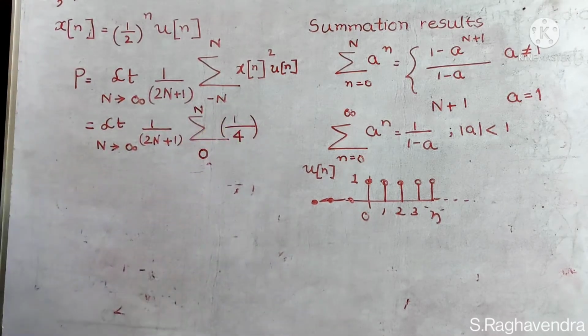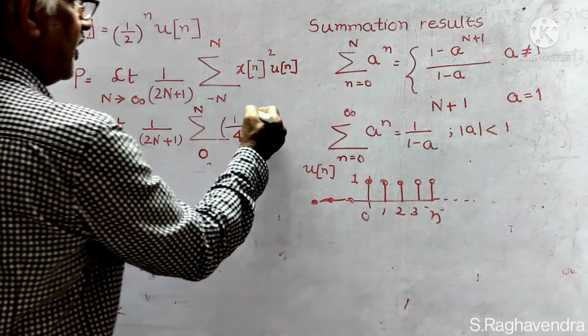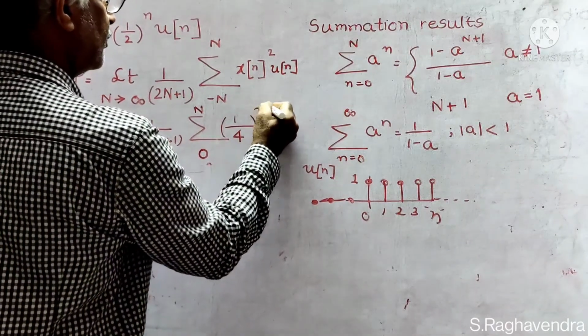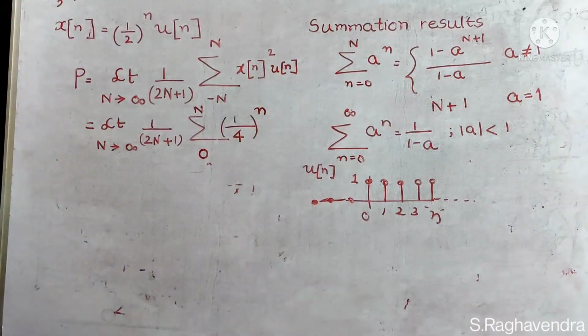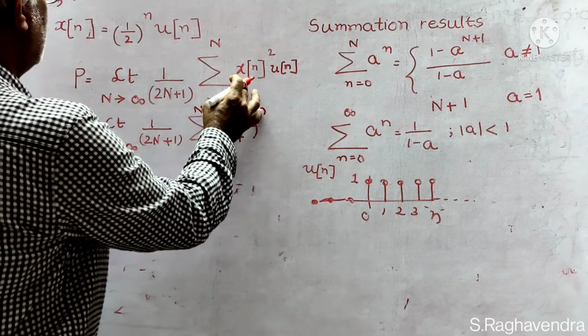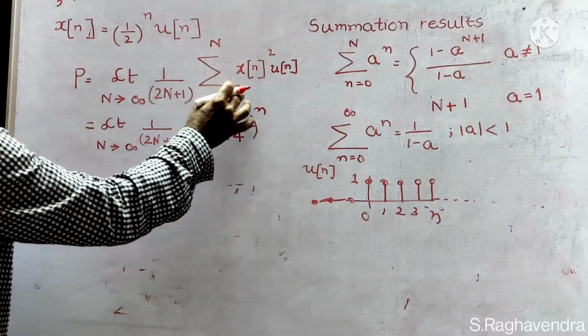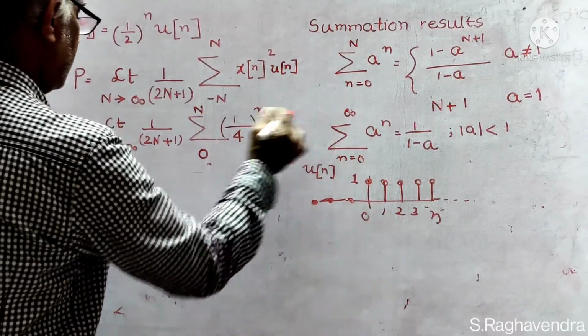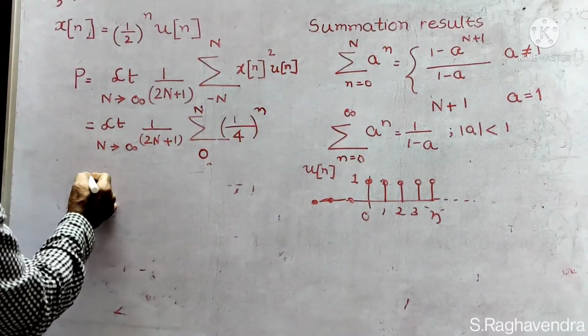The sum becomes 1 by 4 to the power of n.